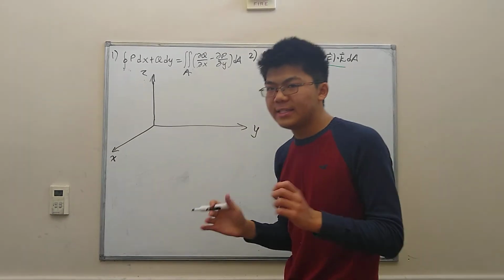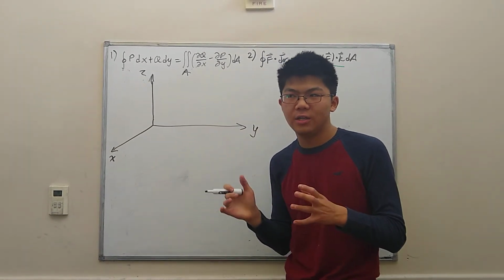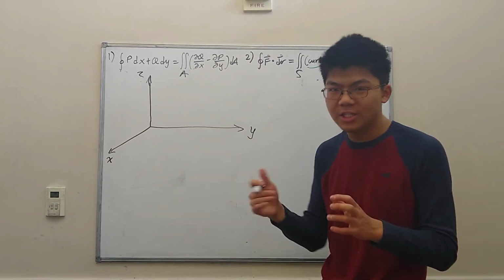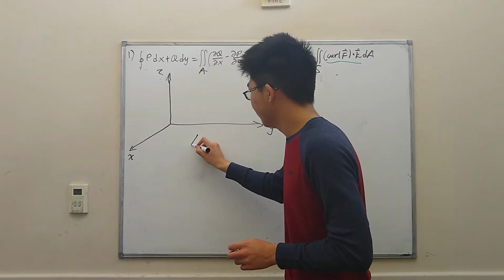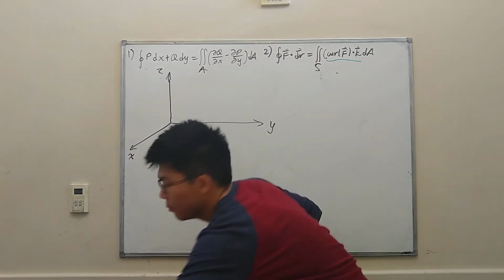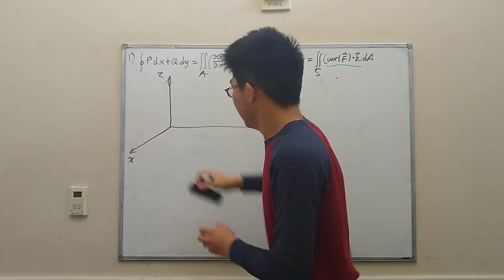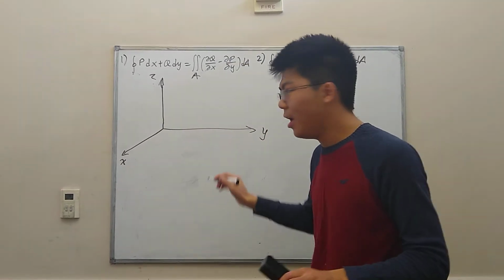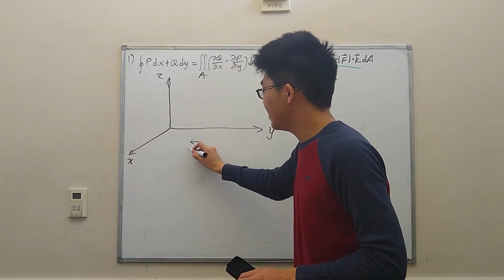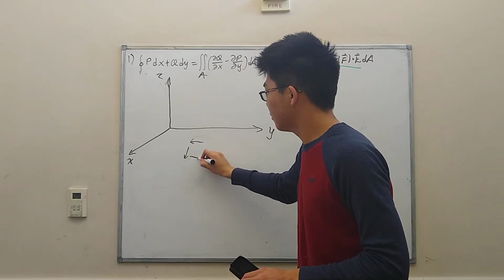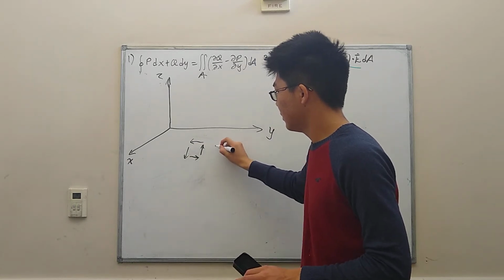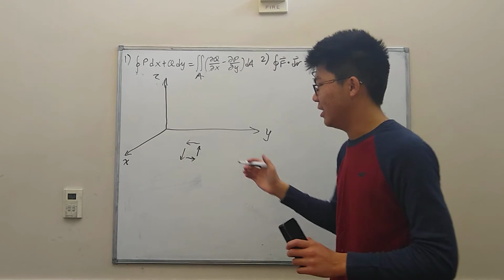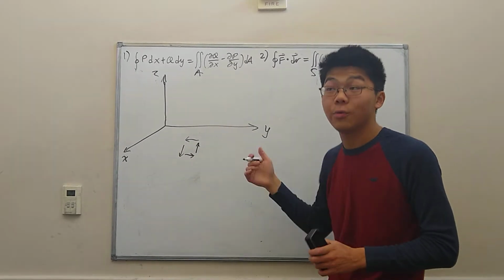So, let's say we have 4 little rectangular circulations over the area. So our first little circulation box would be this. So this is our first circulation. It has a curl vector going upward.